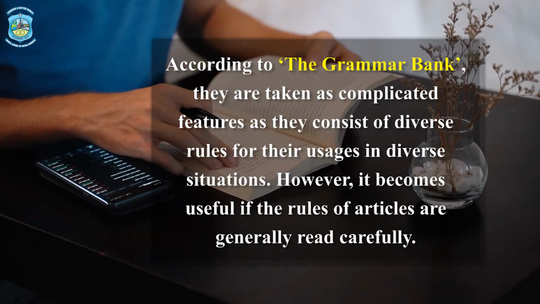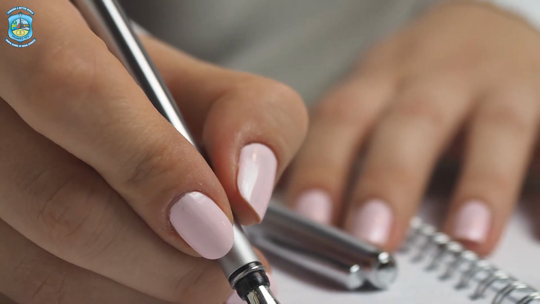We think it's a piece of cake to simply take the three different articles: a, an, and the. However, it becomes useful if the rules of articles are read carefully. We have to study articles in order to gain a good working use of them.